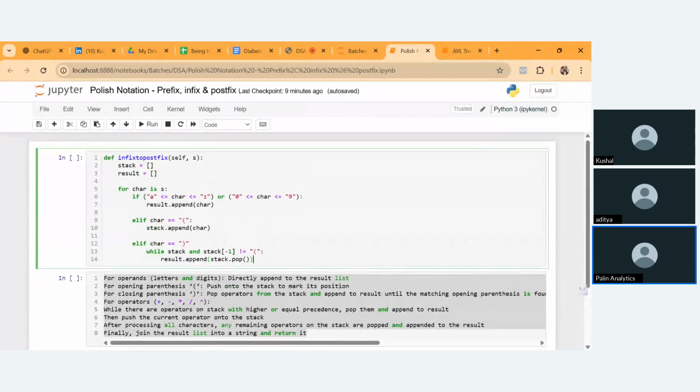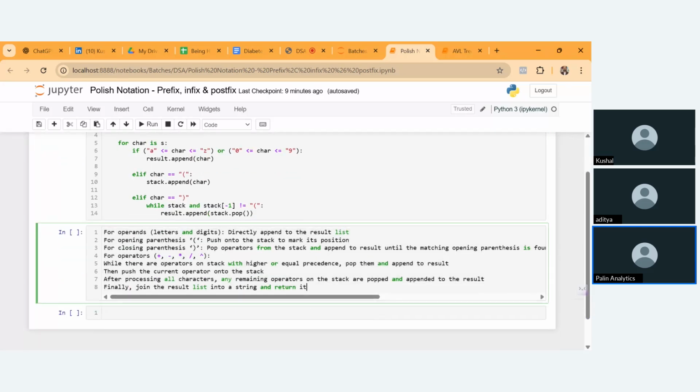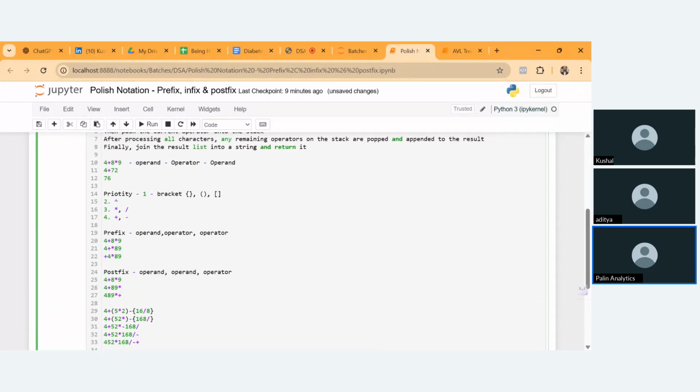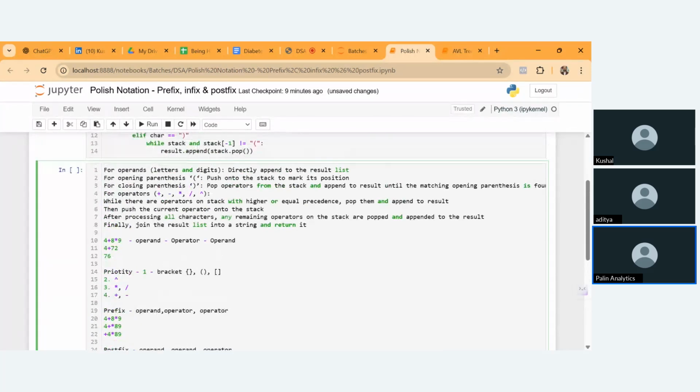Once you try to make this program by yourself, you need to understand how these are getting converted from infix to postfix and postfix to prefix. All these values are getting converted. Okay, I'll just copy this part as well. This will be helpful for you to understand this.